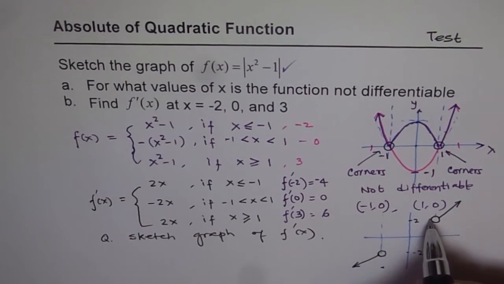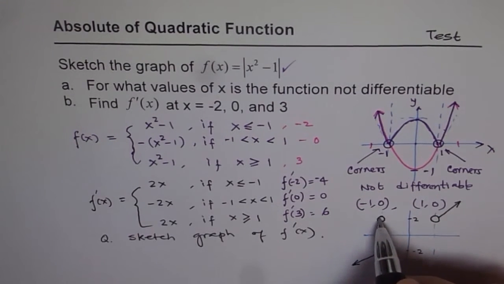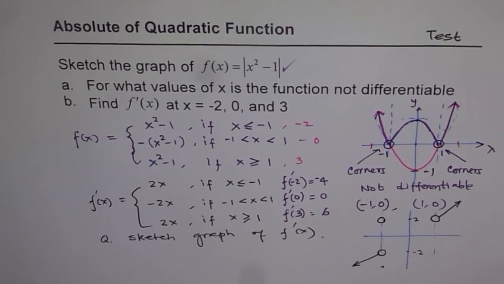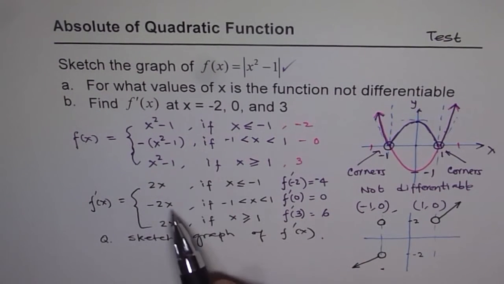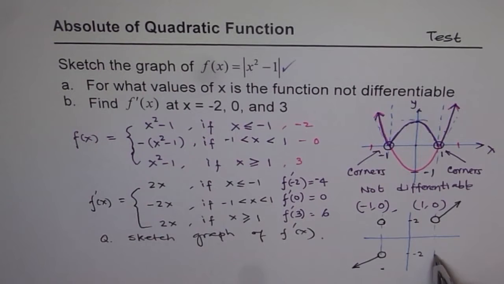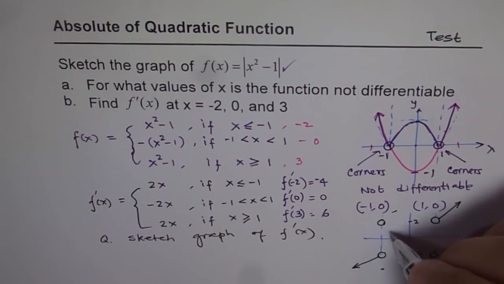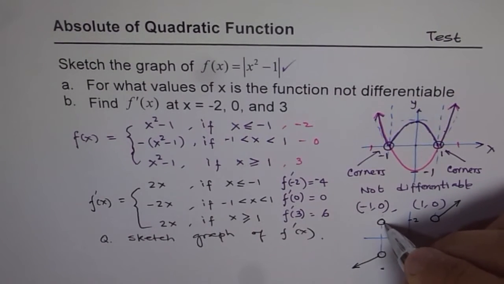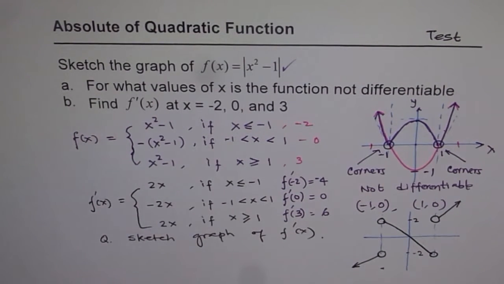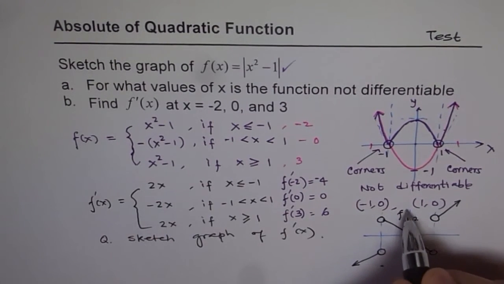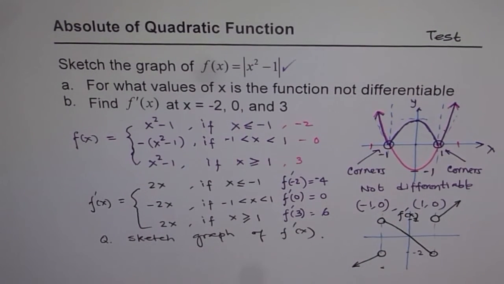At minus 1, it approaches, but it is never there. It approaches a value 2, correct? Similarly, if I put 1 here, it approaches minus 2. Do you see that? But it will never be there. So the graph will be at 0, joining these two lines. So this is my function f dash x.